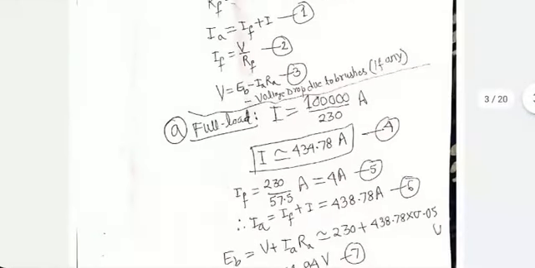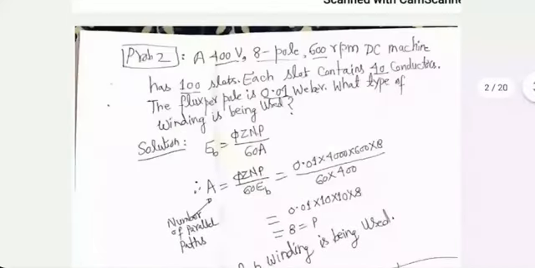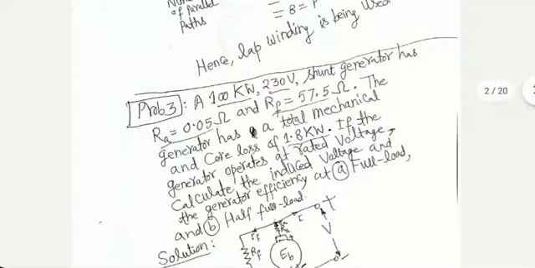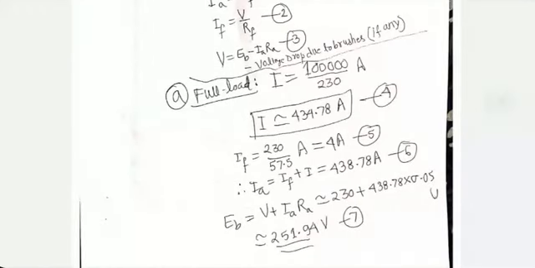V is 230 volt. RF is given as 57.5 ohm. So the ratio of the two gives you field current, which is 4 amperes. Field current and load current added together will give you armature current. That gives you 438.78 amperes approximately.